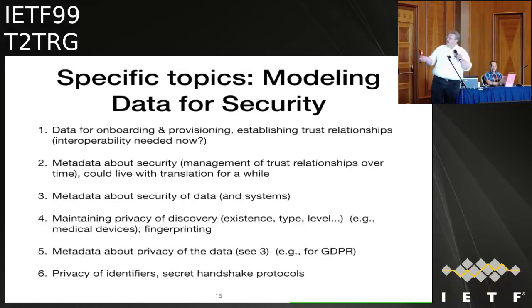And then the next point here is, of course, if we have all these metadata flying around, how do we maintain privacy? Because these metadata may contain more information than you actually want to divulge. So maintaining privacy, in particular within discovery processes, is a problem.